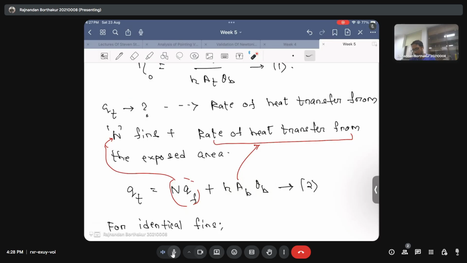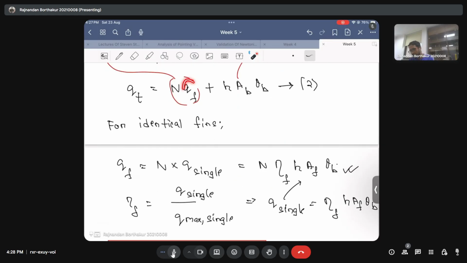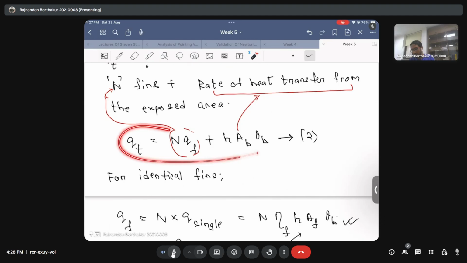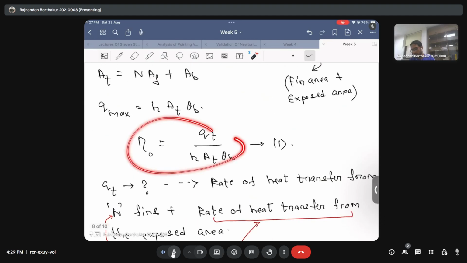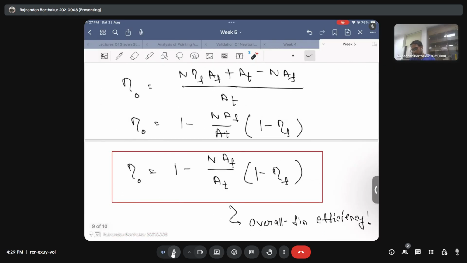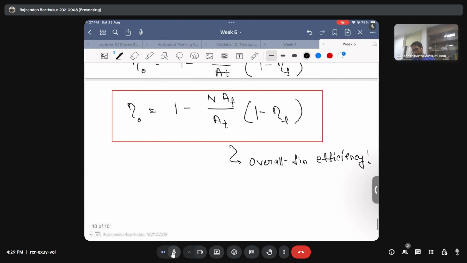And then we have used the concept of efficiency of a single fin to calculate this QF, which when substituted gives this QT, and then substituting this QT into expression 1 will give you an expression for the overall fin efficiency, which is equal to 1 minus the number of fins times the area of each fin divided by the total area times 1 minus eta f, where I'll write down that this eta f is the efficiency of a single fin.